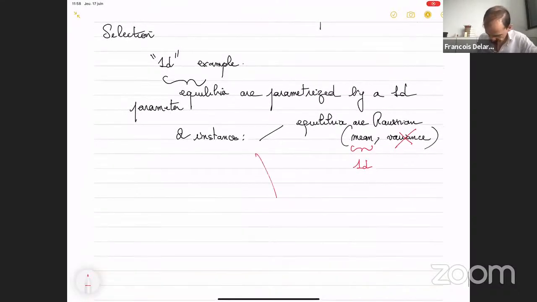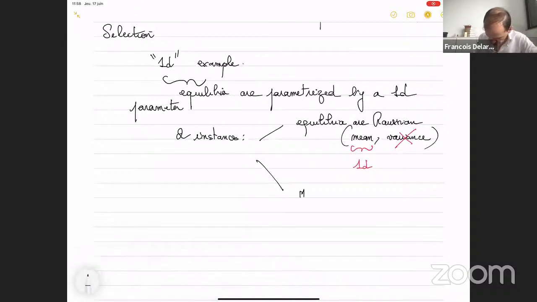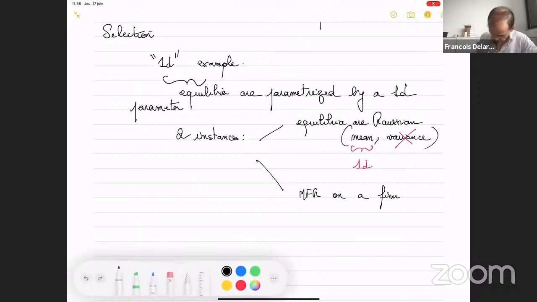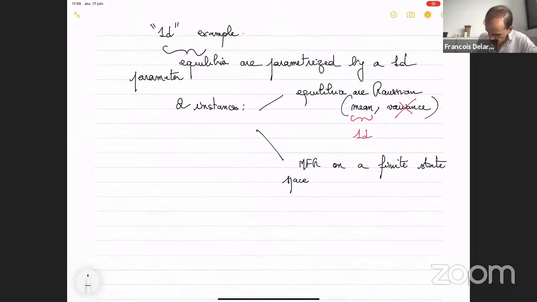Another instance is mean field games on a finite state space. I didn't have time to discuss this, but the philosophy is the same, except that the players can take at most a finite number of values.